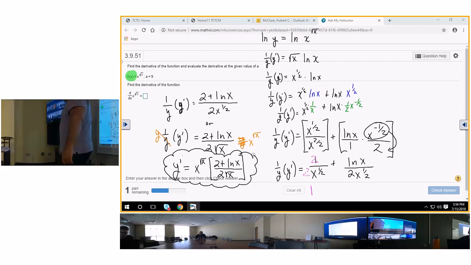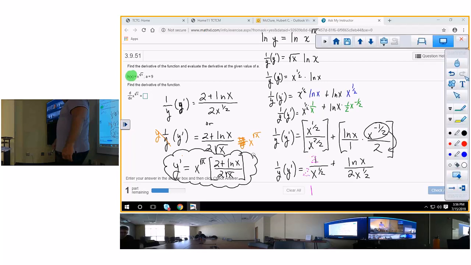Now plug in whatever they give you to plug in. And they want a decimal, I think. I'm going to punch in 3 so I can see if I got the answer right.